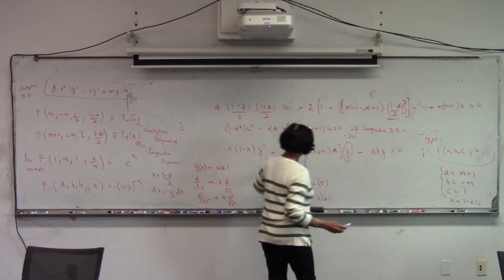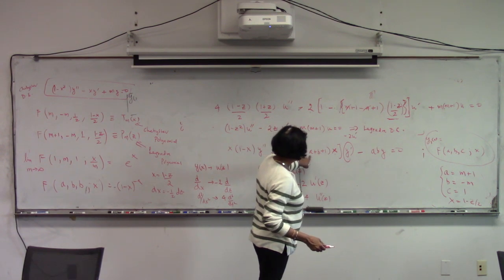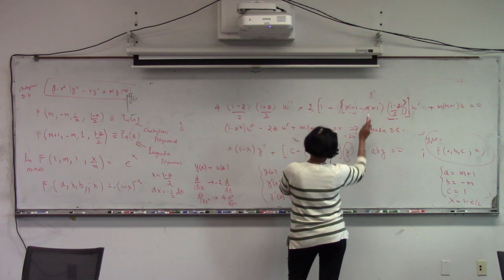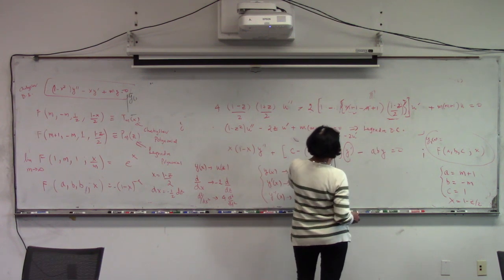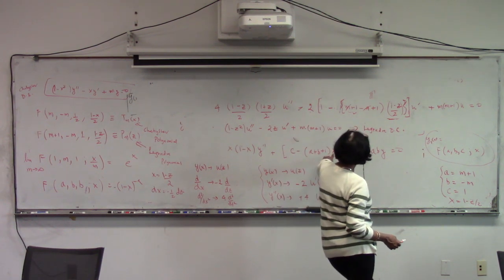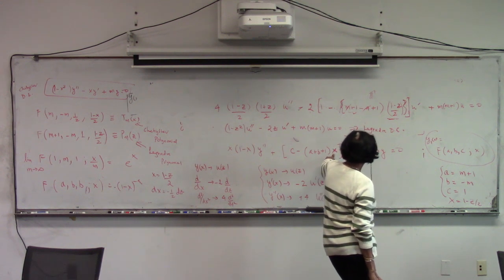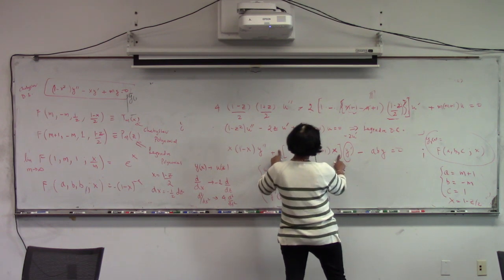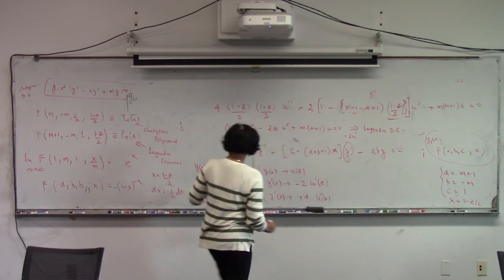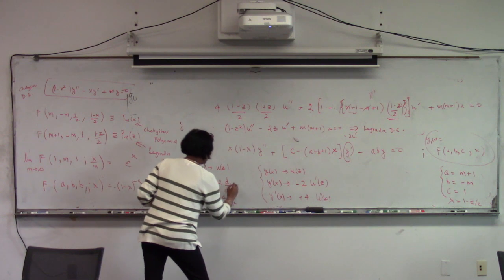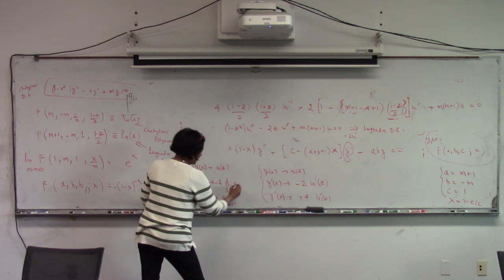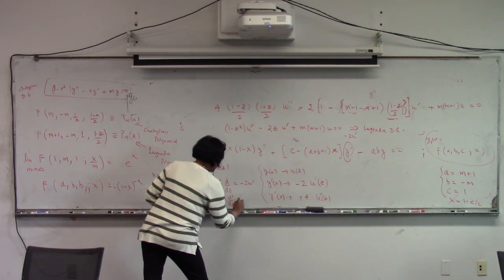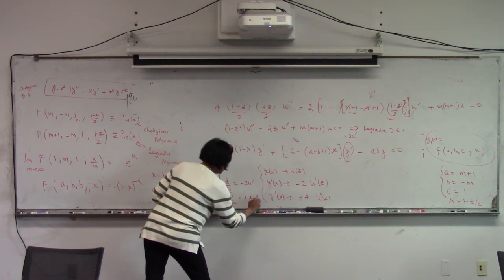Okay, so all I've done is substitute C. A was m plus 1, B was negative 1, and X was 1 minus Z over 2, and then Y prime is negative 2U prime. You have to operate on this, right? This will become minus 2U prime. And this one, when you operate on y, becomes plus 4u double prime.